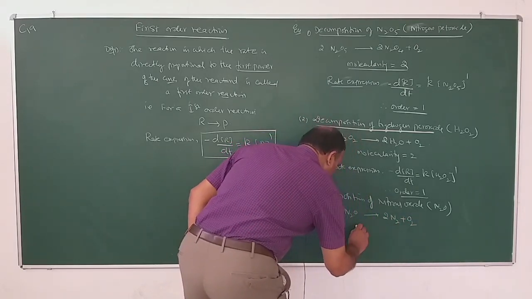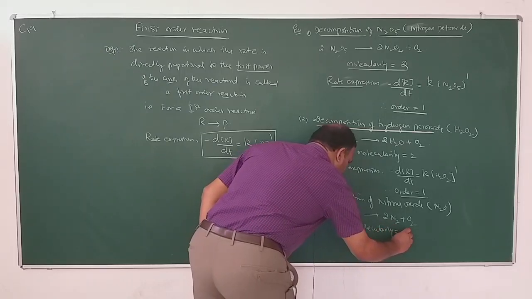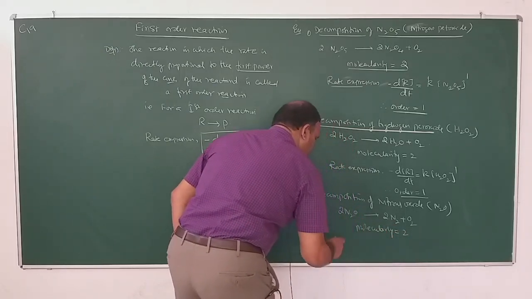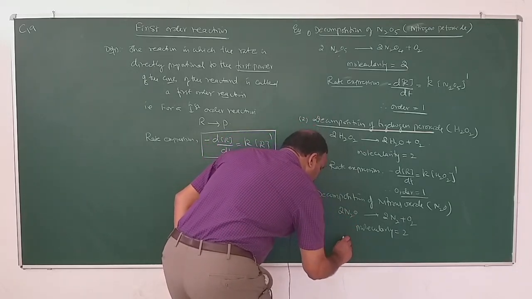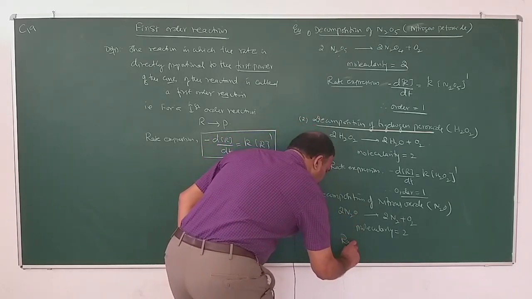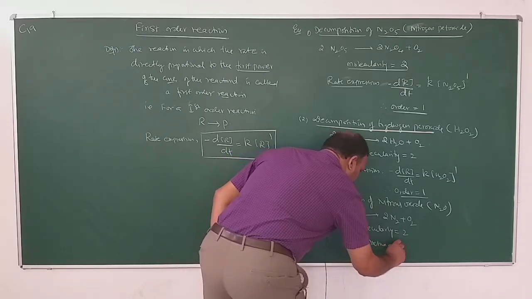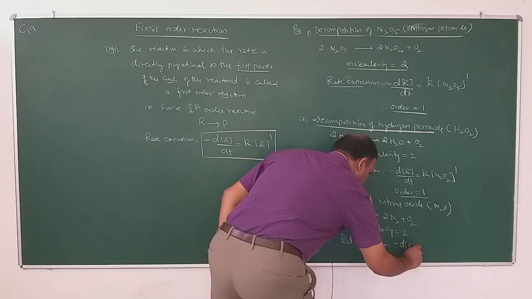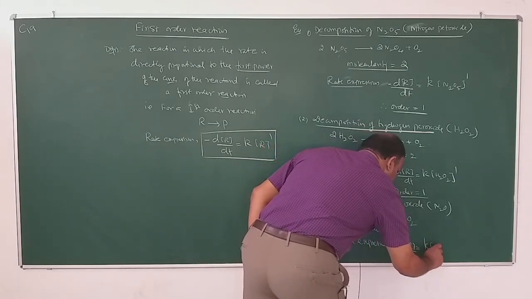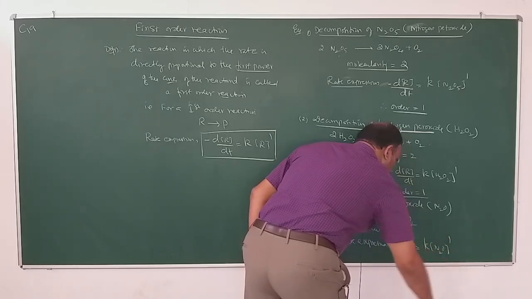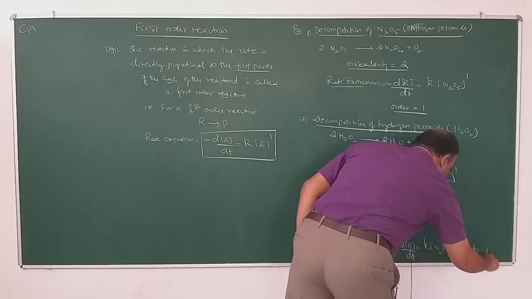So here also molecularity equals 2, because 2 molecules of reactants are taking part. And then the order. What is the rate expression? Minus dR divided by dt equals K into concentration of N2O to the power of 1. Therefore, order equals 1.